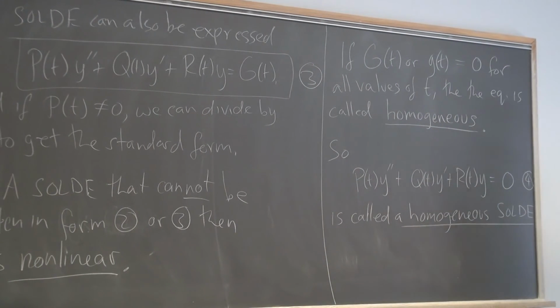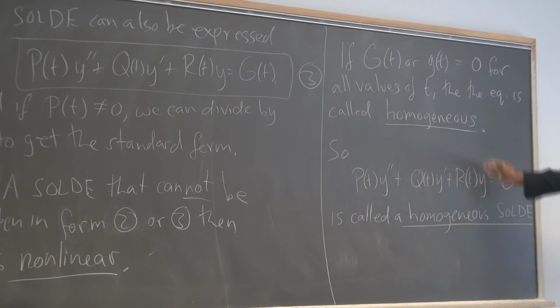Right? So everywhere else, it just means that when you put things in standard form, what's on the right side is 0. You call that homogeneous. In chapter 2, it meant something else, but everywhere else, this is what it means.